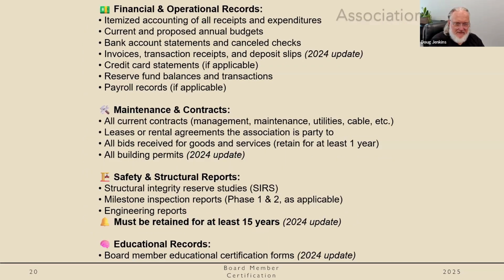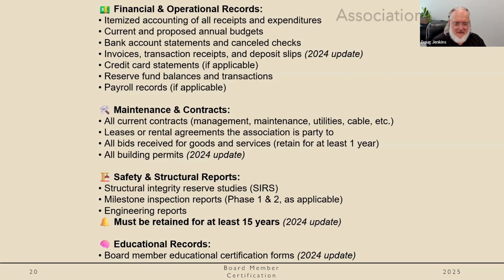Financial records, itemized accounting, receipts, current and proposed annual budgets, bank accounts and statements and canceled checks, invoices, transaction receipts, and deposit slips. That was a new requirement in the 2024 legislative changes.